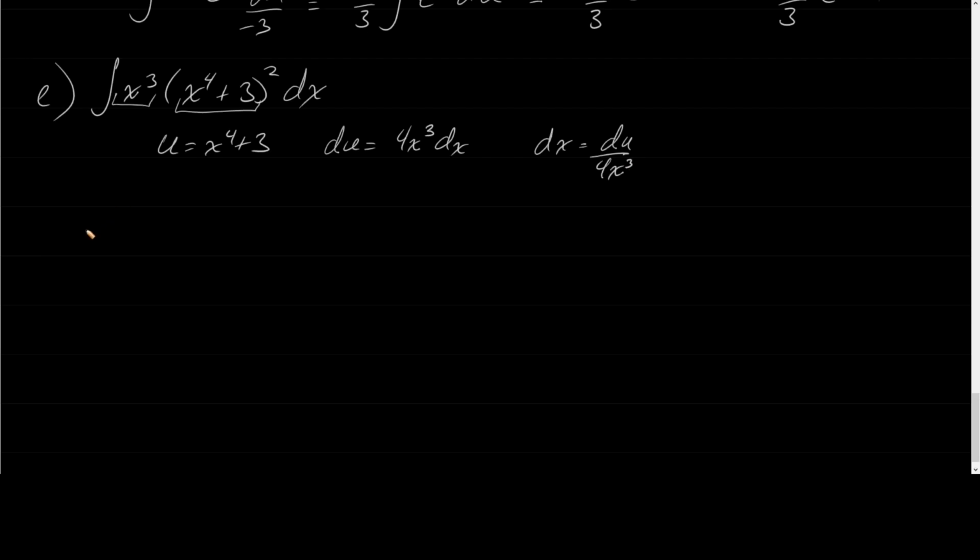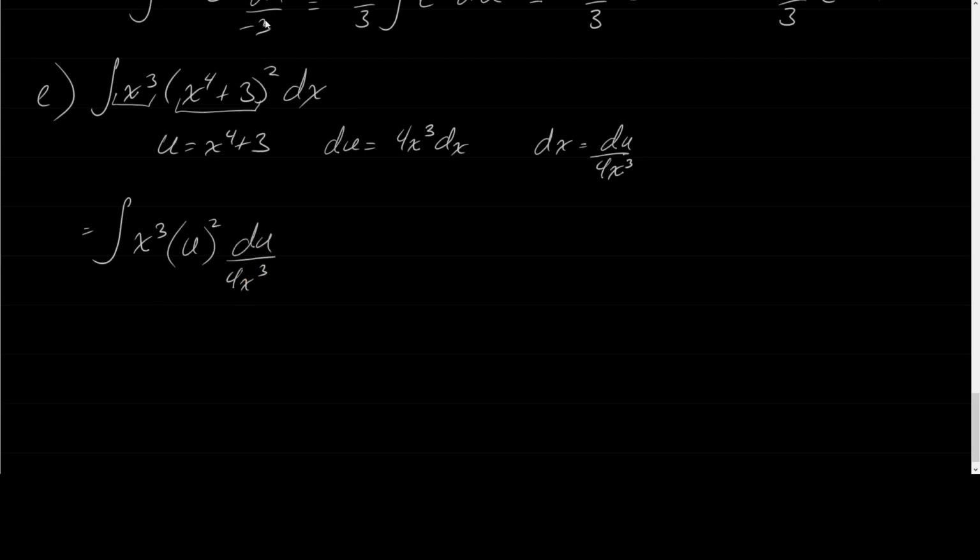At that point, our integral becomes the integral of this x cubed. That was not part of my substitution, so it's still there. Times this x to the fourth plus 3, that was my substitution, so u squared, and instead of dx, we've got du over 4x cubed.